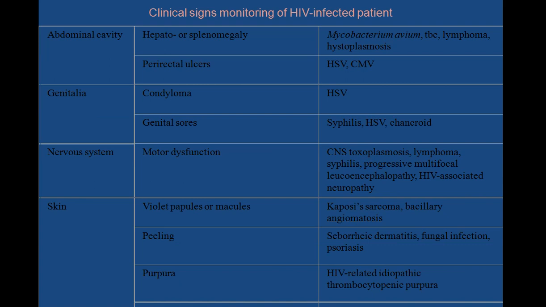Continue. Abdominal cavity: hepatosplenomegaly, Mycobacterium avium, tuberculosis, lymphoma, histoplasmosis. Perirectal ulcers, HSV, CMV.